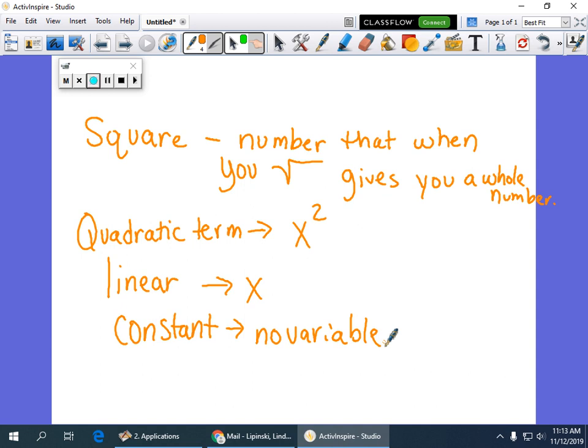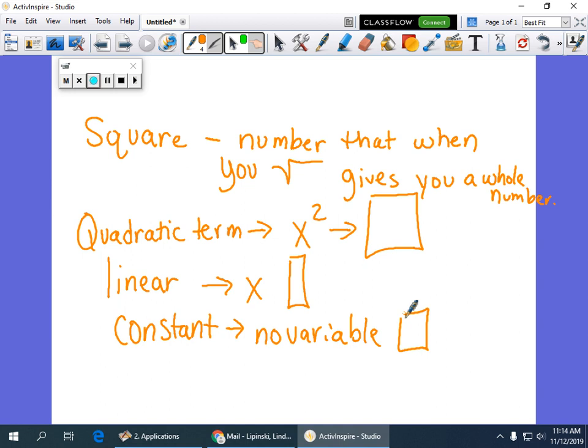It represents x squared. What is the rectangle? The rectangle is x, and the constant is the baby square. So you should have x squared, x, and constant. Everyone following along?